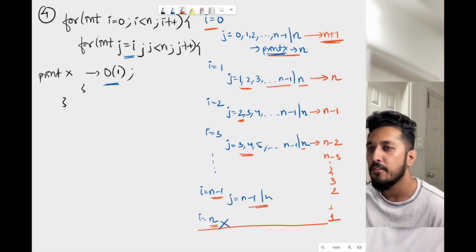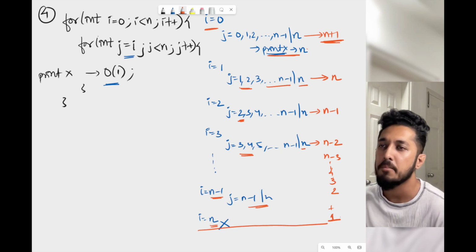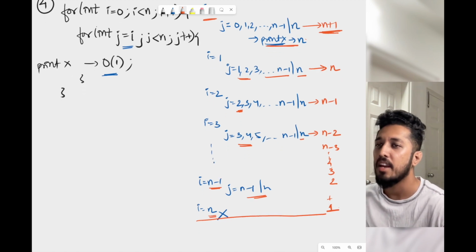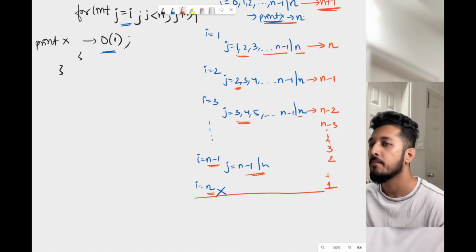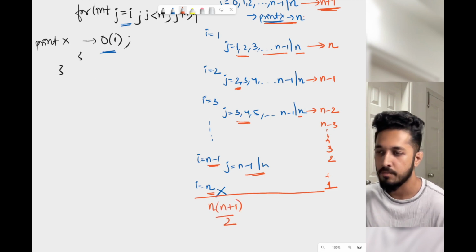And if we observe what we are trying to add here, it's nothing but the natural numbers 1, 2, 3, 4 up till n. So we are summing up numbers up till n plus 1 in this case. We know that the sum of n numbers is n into n plus 1 by 2.